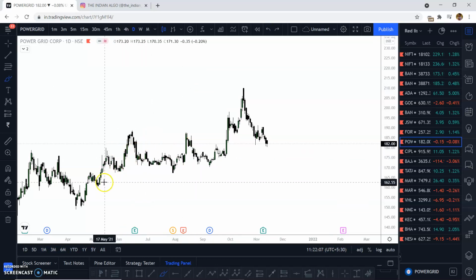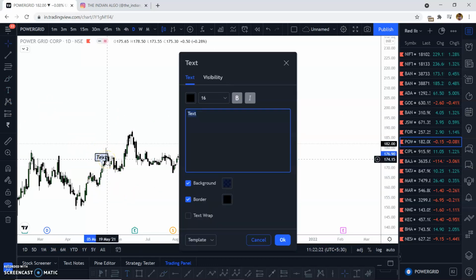I'll be doing multiple analyses for you guys in the coming videos, so even you will be able to identify Wyckoff the way I do on such charts. If you see here, this is where a lot of people miss this up move. This is what we call preliminary supply.